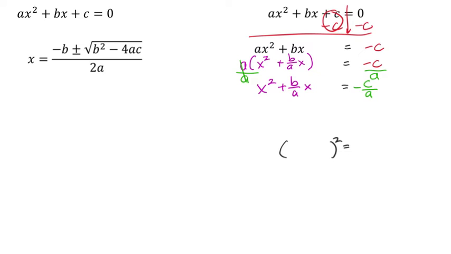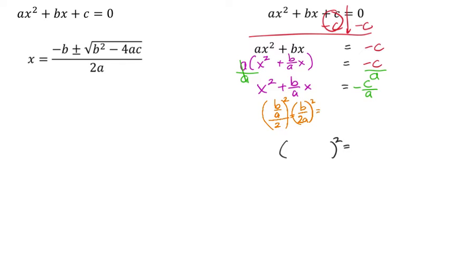To do that, you take your b over a, and you have to divide that by 2. Dividing that by 2 makes this really just b over 2a, which should look familiar. And remember, from this, you square that, okay?